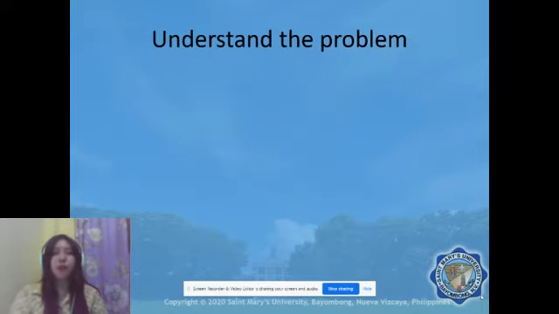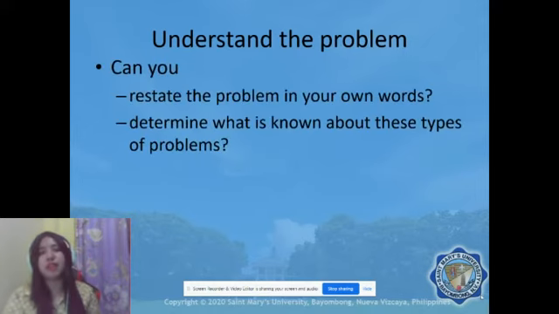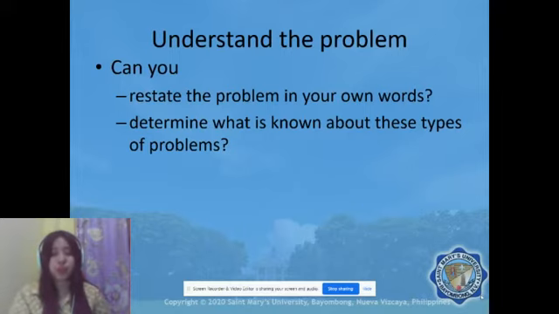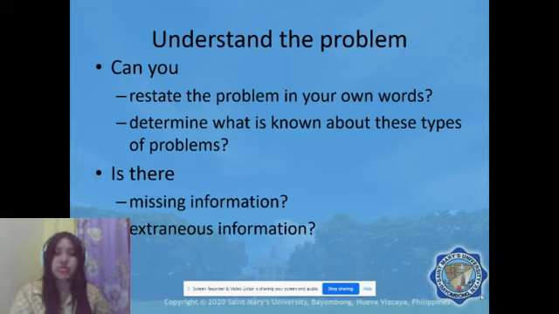For step 1, understand the problem. This is asking: can you restate the problem in your own words? Can you determine what is known about this type of problem? Is there missing information, or is there extraneous information?